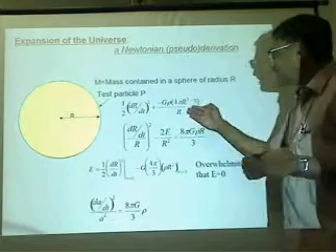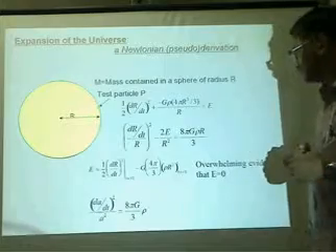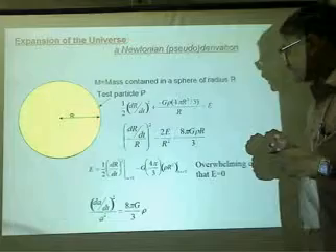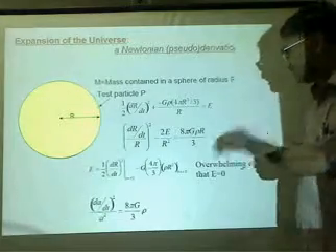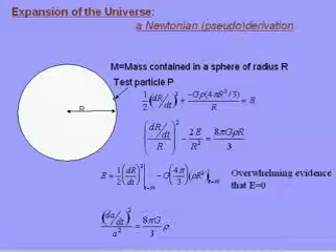We can now manipulate this equation and rewrite this energy E, the value of this energy today, as half (dr/dt) whole squared at today's epoch minus G 4 pi by 3 rho r squared at t naught, which is today's epoch.